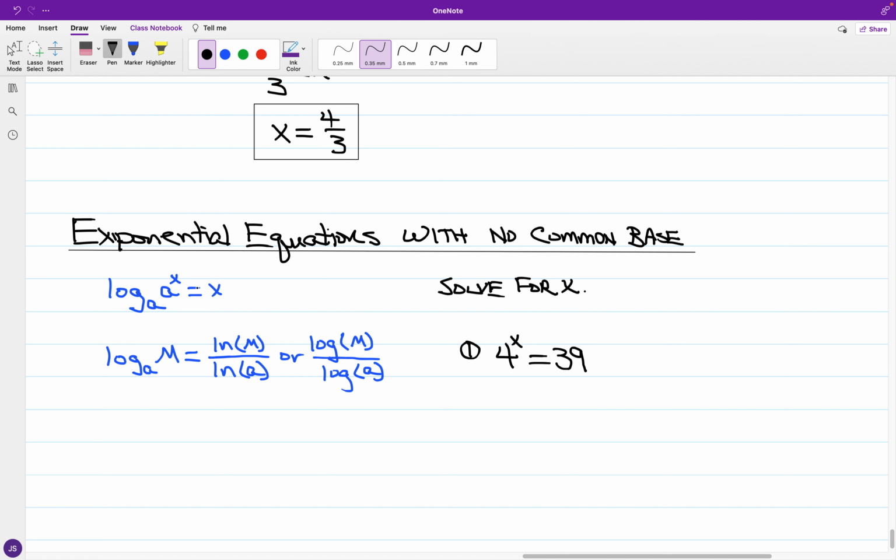And what we can do here is that with these properties, I have x as the power to which the base 4 is raised. And guess what? I can take this property and just take care of the exponential base 4. So if I take the base 4 logarithm of both sides, the base 4 logarithm of 4 to the x, that's going to go to x.